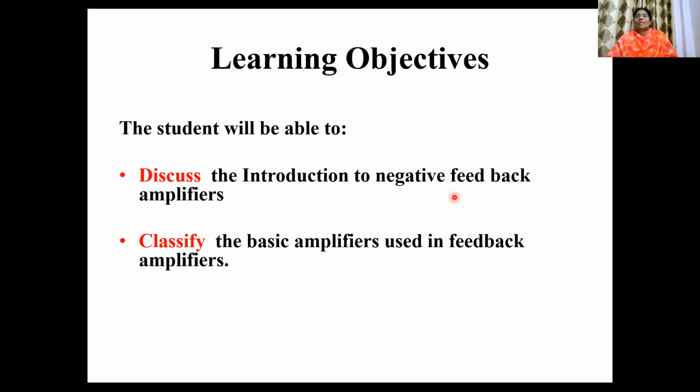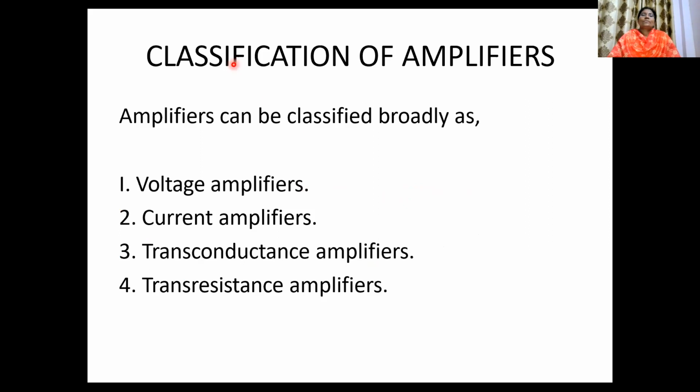Here we have to classify the basic amplifiers used in the feedback amplifiers. We will discuss the types of negative feedback in later topics. Next, we'll go for the classification of amplifiers.